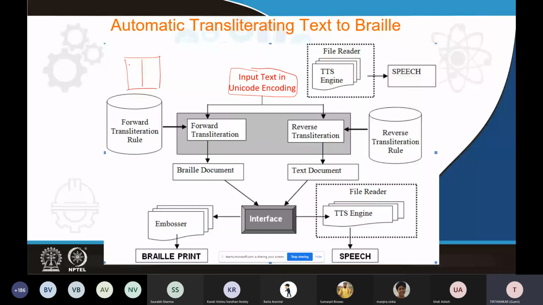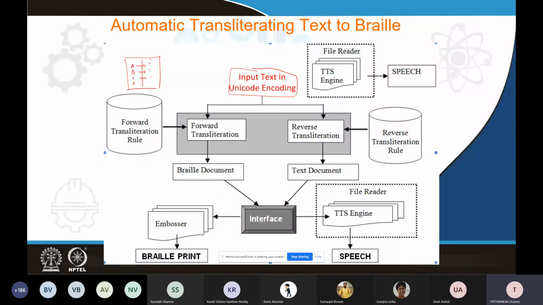which contains all these English alphabets like A, B, C, D, and corresponding to every English alphabet there will be a braille representation like this, and so on.